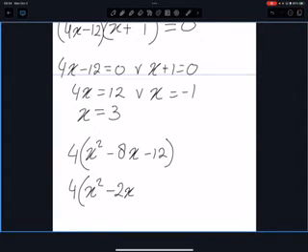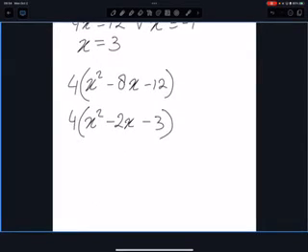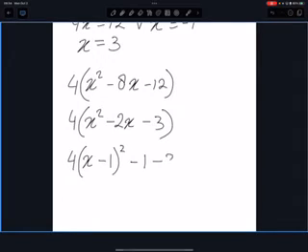And now you complete the square. What minus 2? Oh, minus 4.